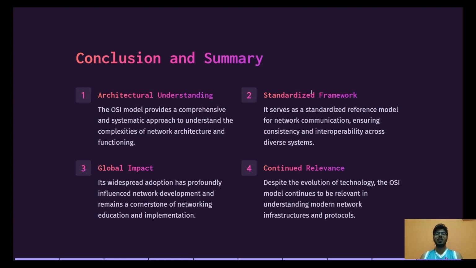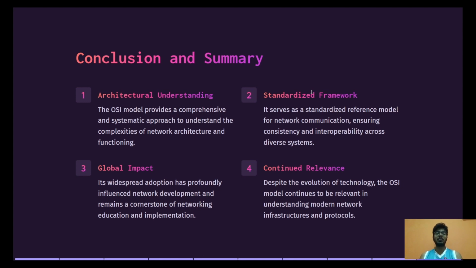Conclusion and summary. Architectural understanding: the OSI model provides a comprehensive and systematic approach to understanding the complexity of network architecture and functions. Standardized framework: it serves as a standardized reference model for network communication, ensuring consistency and interoperability across diverse systems.